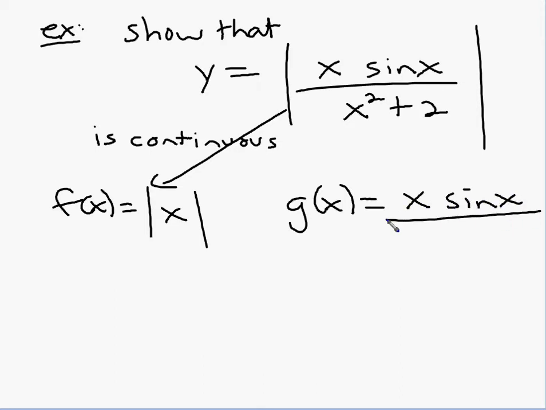Remember, f of g and g of f are continuous if g is continuous. Now, isn't this thing on the right just several functions multiplied and divided together? So let's break it up into pieces.